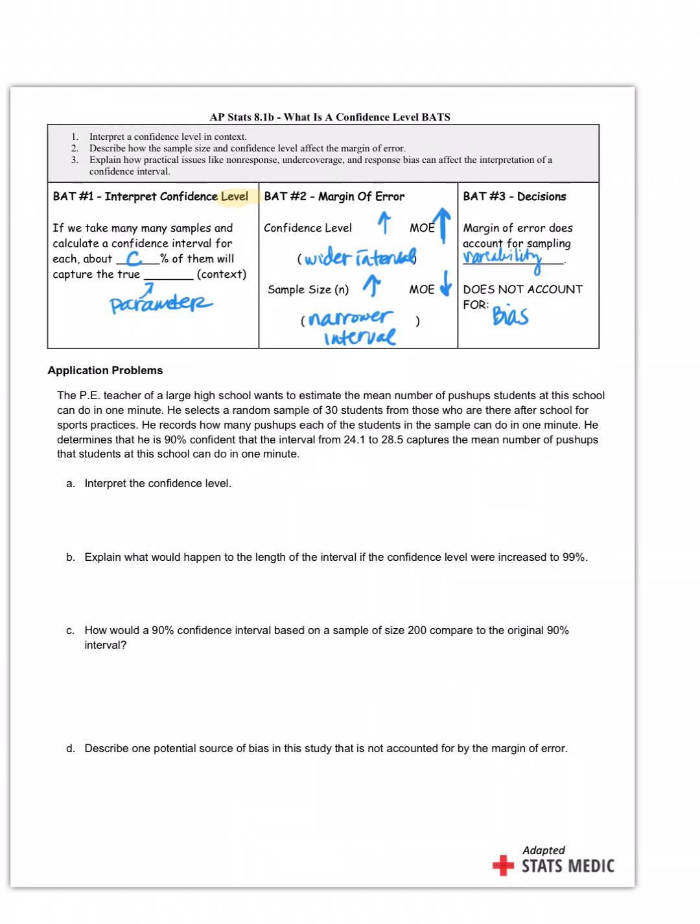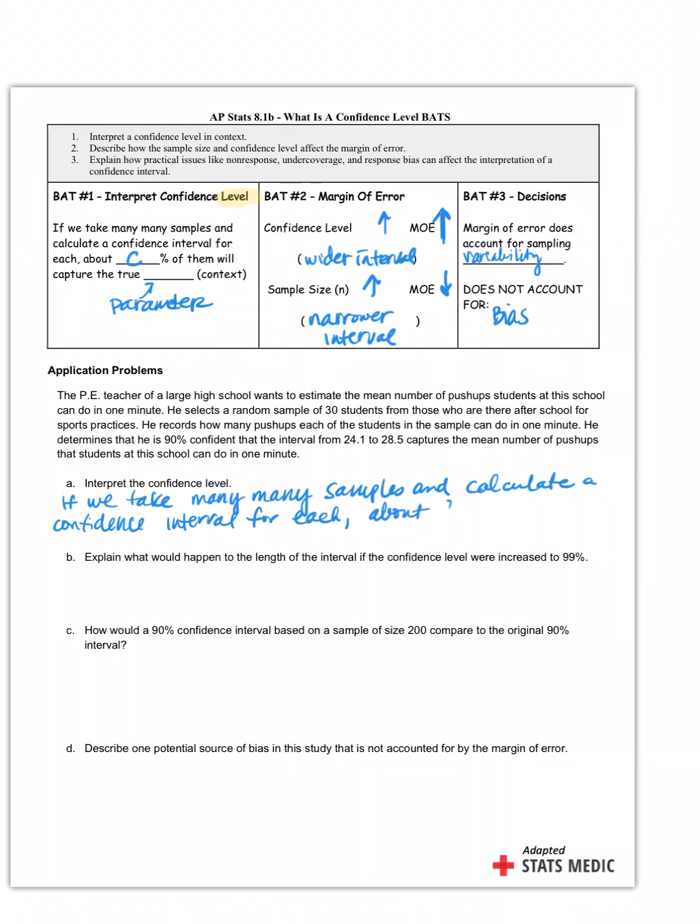So I'm going to use my sentence structure up here and say if we take many, many samples and calculate a confidence interval for each, about 90% of them will capture the true, in this case, what is it?